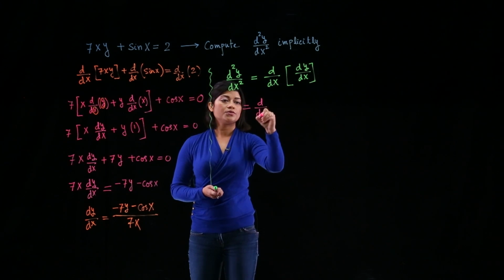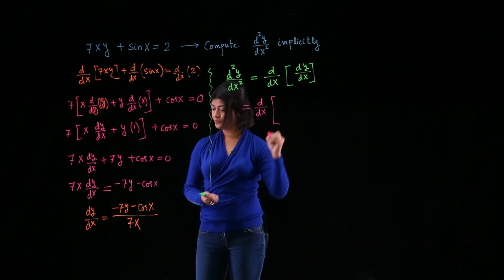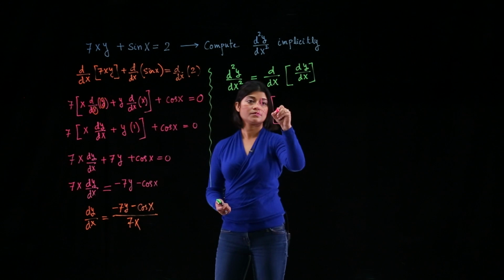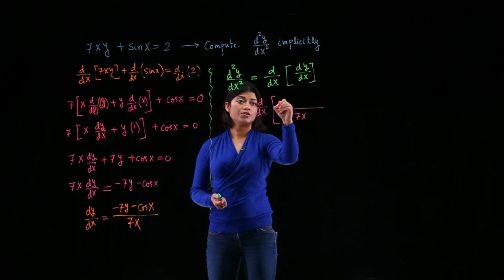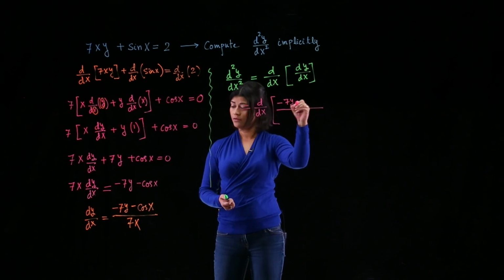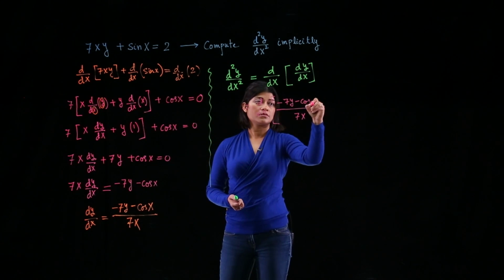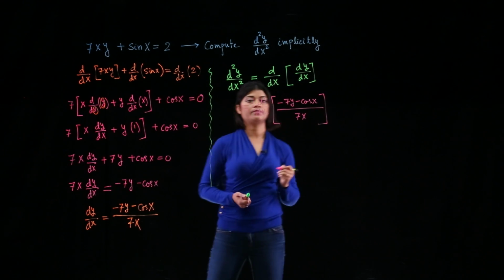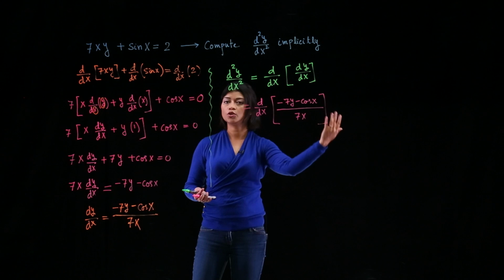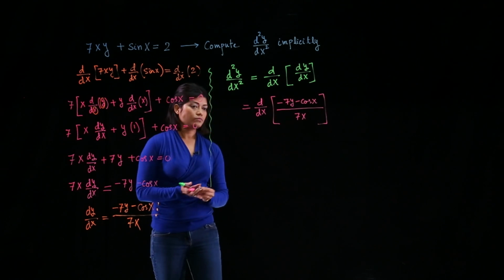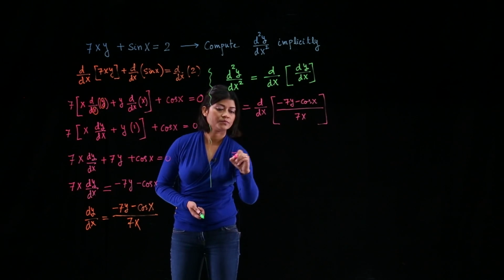So we have to compute the derivative of, here is dy dx, 7x in the denominator, numerator is negative 7y, negative cosine of x. All right. Of course, you see, we have to apply quotient rule here. So let's do that.